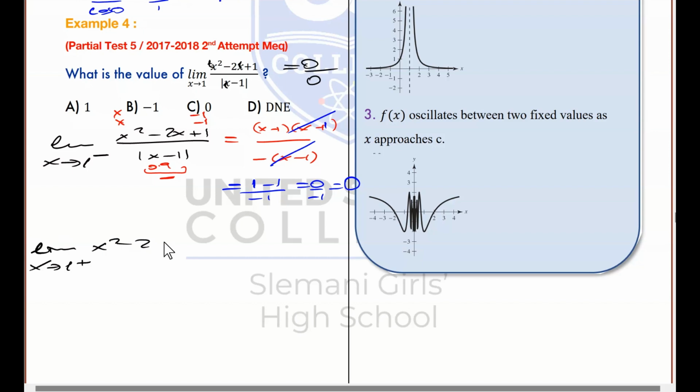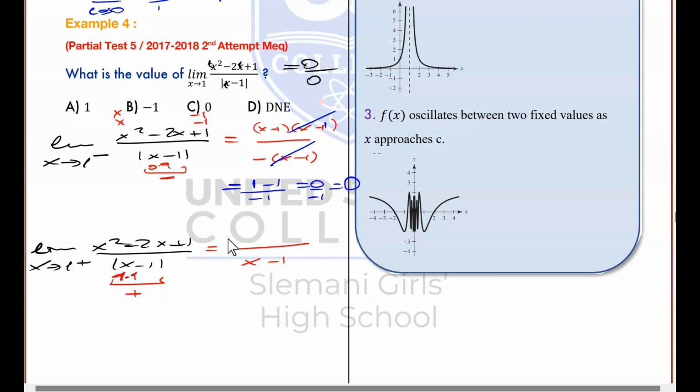X squared minus 2x plus 1 over absolute value of x minus 1. So when you pick a number greater than 1, like 1.1, then 1.1 minus 1 is 0.1, which is positive. Since inside is positive, it's going to come out as positive x minus 1.